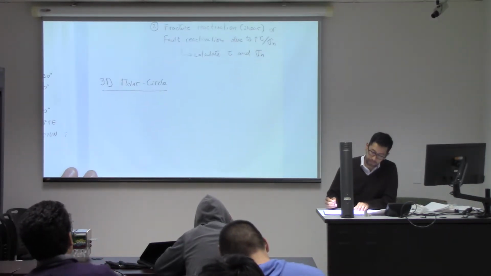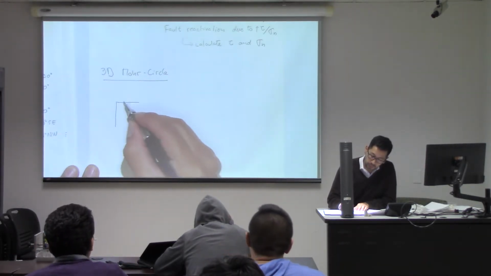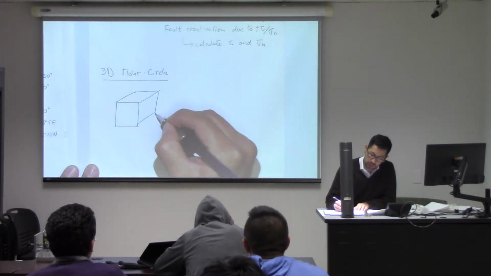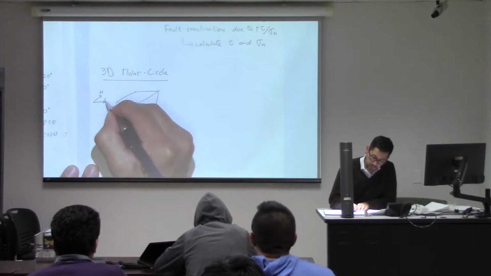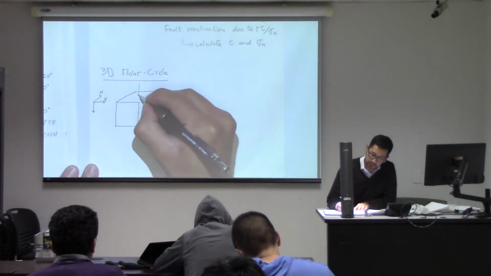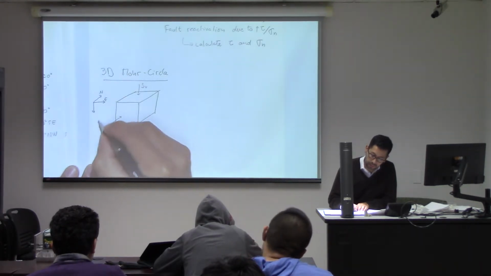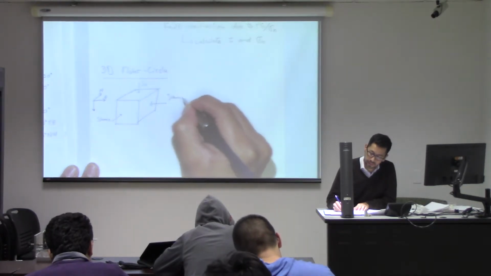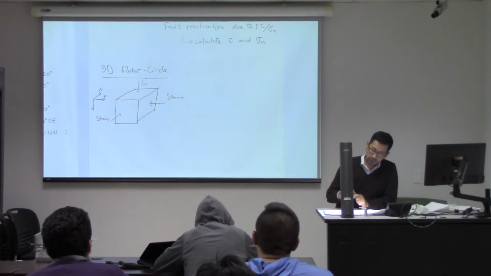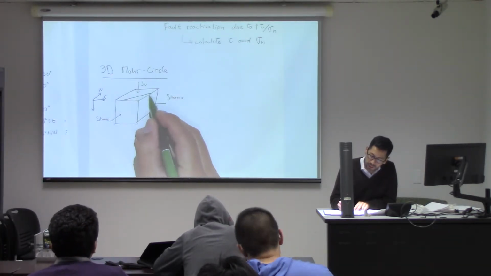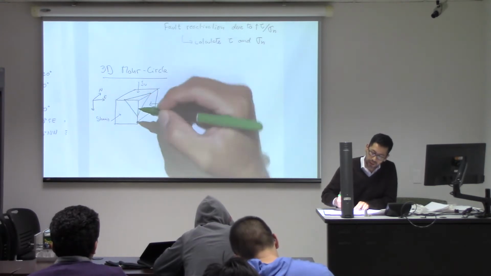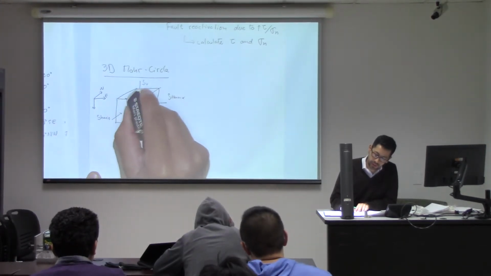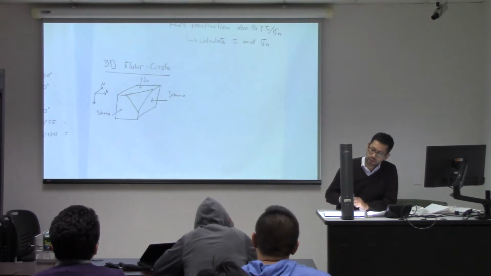Our problem is the following. We have a given location in which I have vertical stress, minimum principal stress over here, and maximum principal stress over here, and I want to calculate the normal stress and the shear stress on an arbitrary plane.